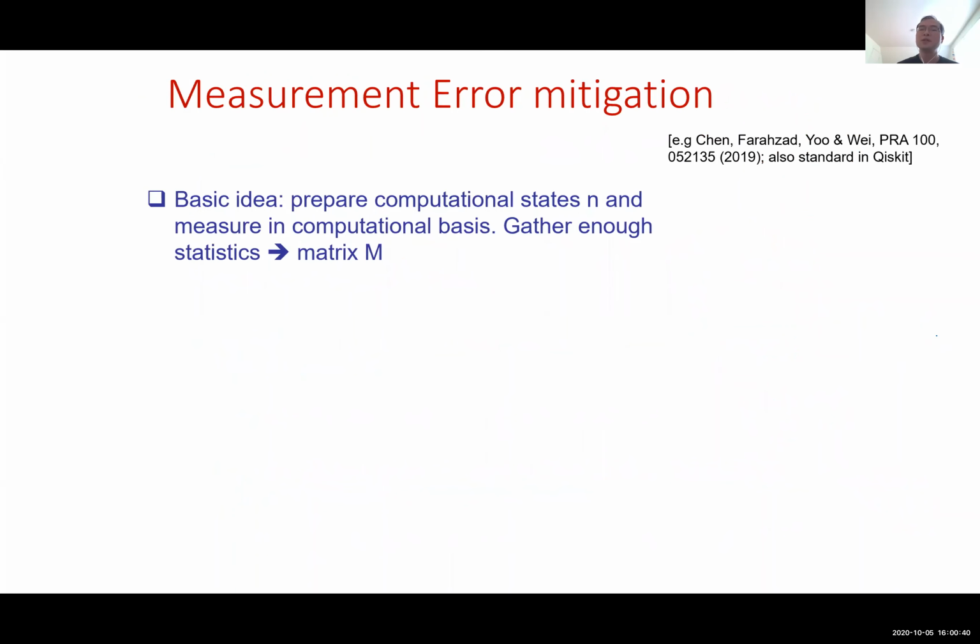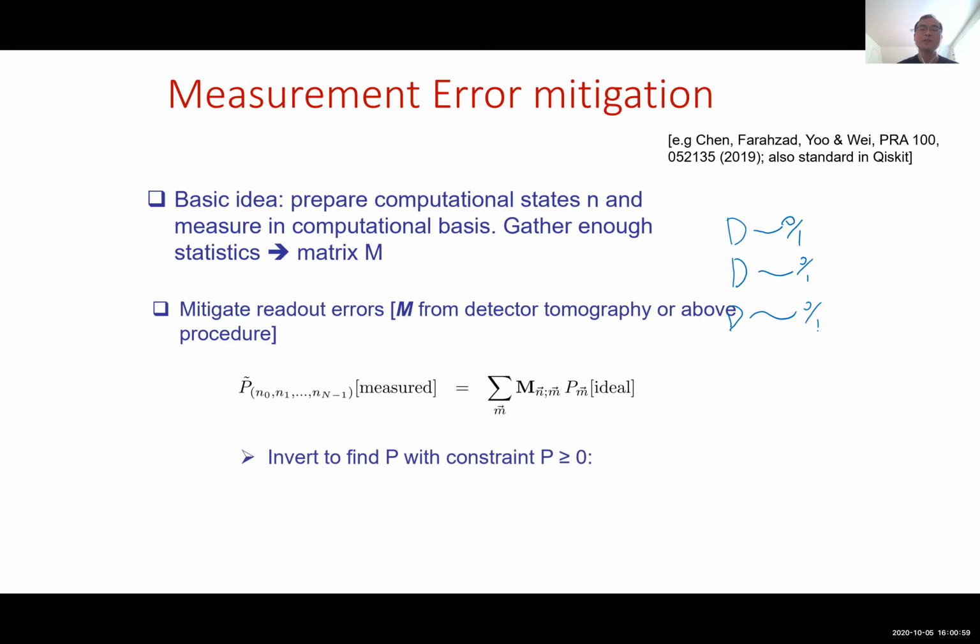Another thing that we were also involved in is measurement, because at the end, you read out a 0 or 1 outcome. It turns out that actually there are a lot of errors. The way to handle that is you characterize the readout, and you do something we call detector tomography, so that you can extract a matrix.